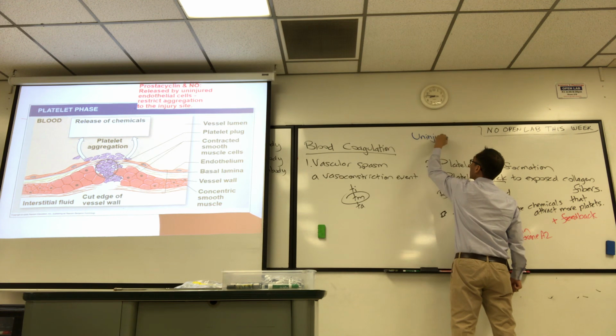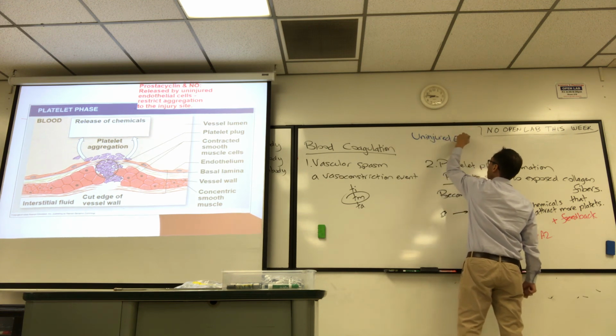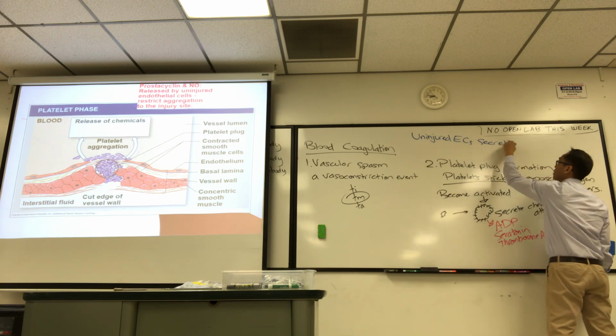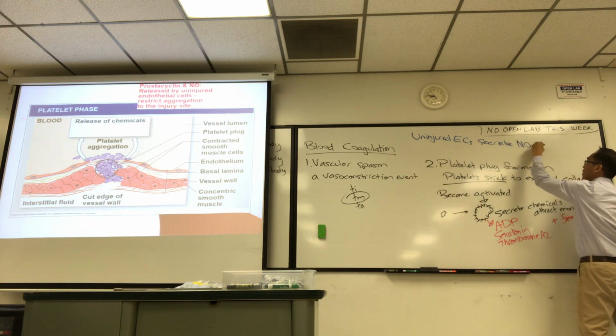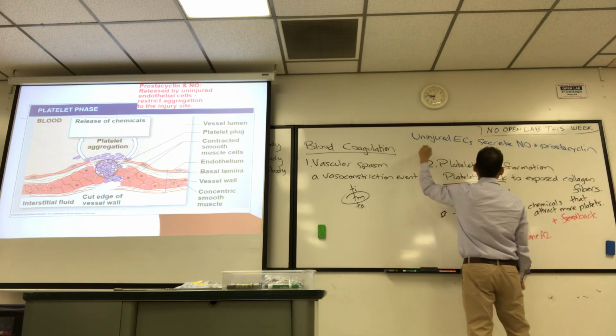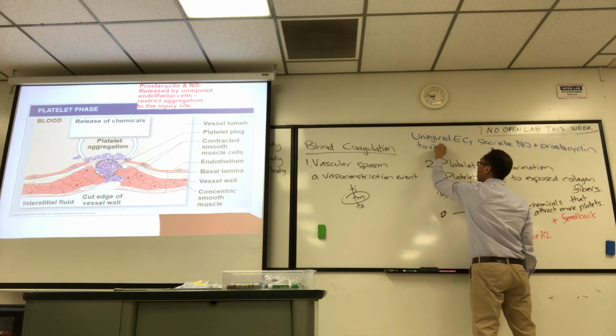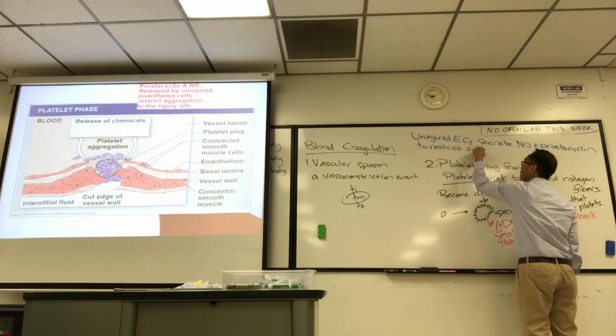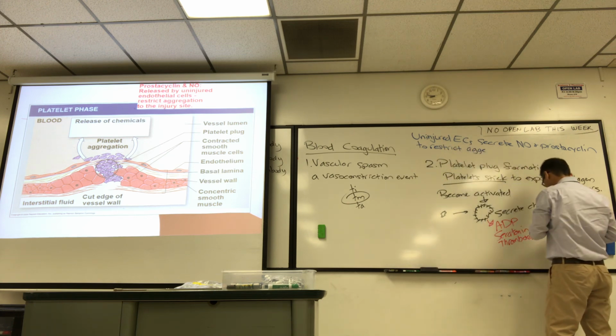Uninjured ECs, endothelial cells, secrete nitric oxide, NO, and prostacyclin to restrict aggregation to injury site. Aggregation.